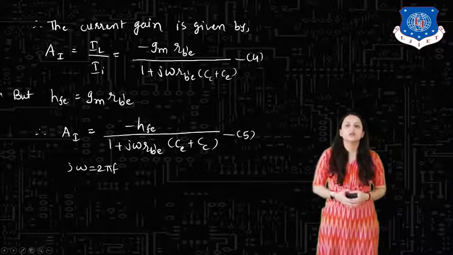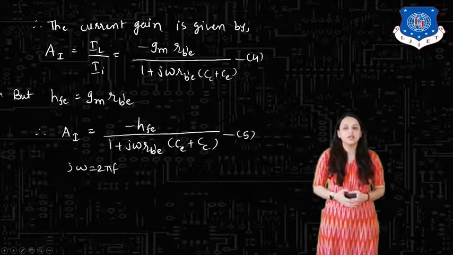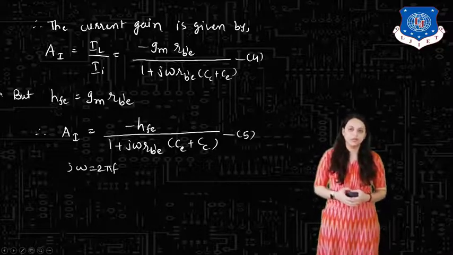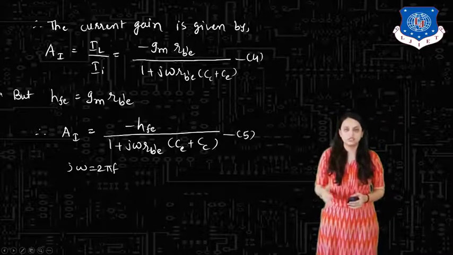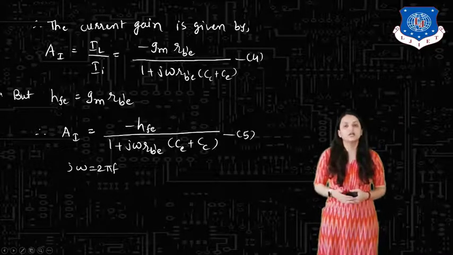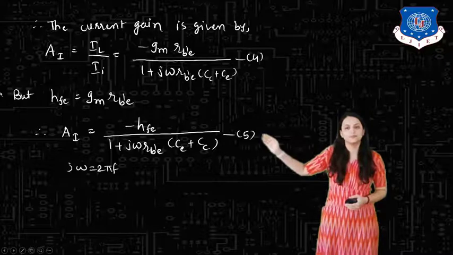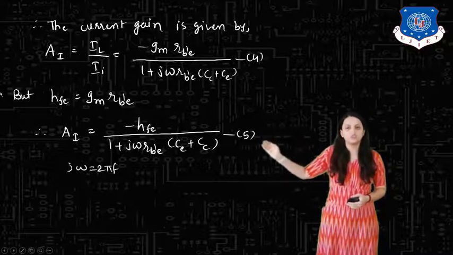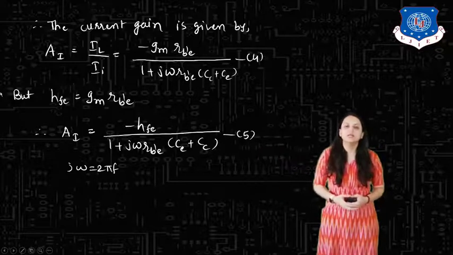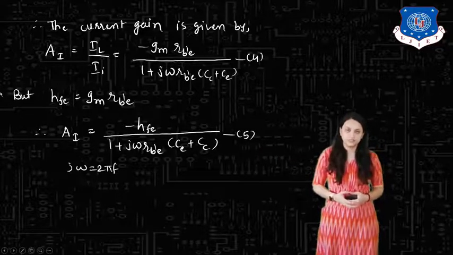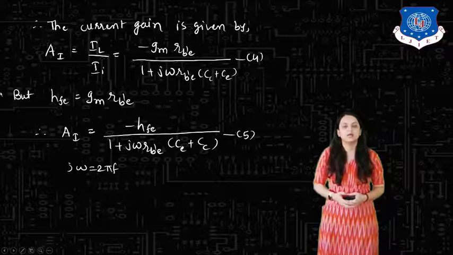Okay. Now we know that hfe is equal to gm into RB'E. So if we replace the numerator term by hfe, then our current gain equation will be like this, that is AI equals minus hfe divided by 1 plus j omega RB'E into (Cc plus Ce).